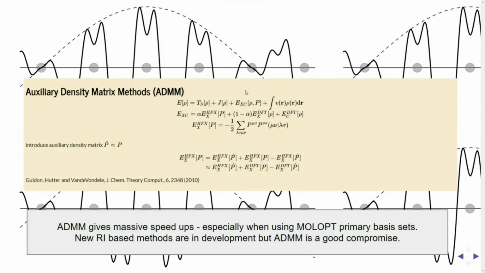But the basis sets, particularly these MOLOPT ones that I think have been advertised to you previously, contain an awful lot of Gaussian functions, and they become extremely expensive.